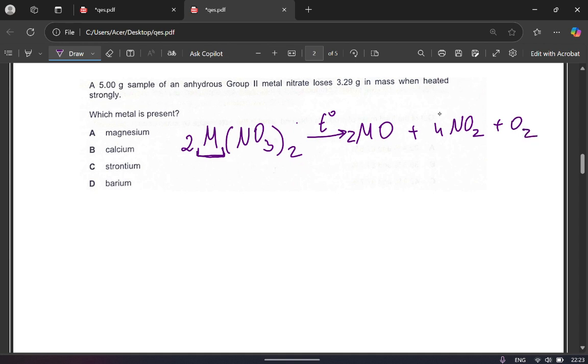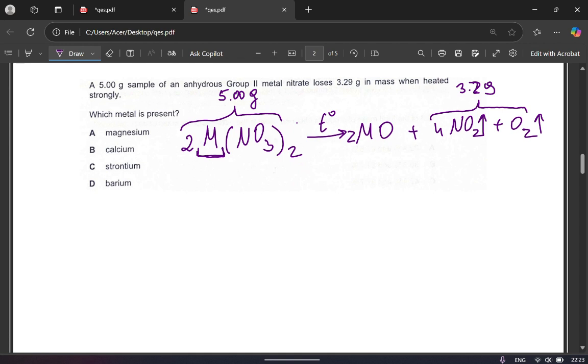This is the complete equation. Now let's write whatever values were given above the reactants and above the products. So we know that we have 5 grams of group 2 metal nitrate, and we have 3.29 grams of gas.